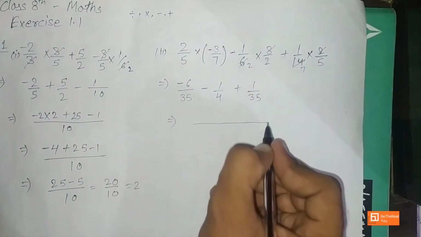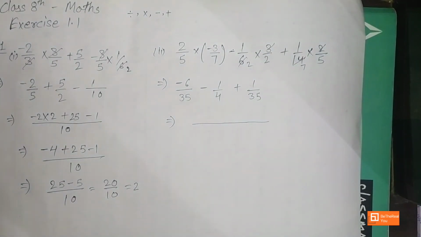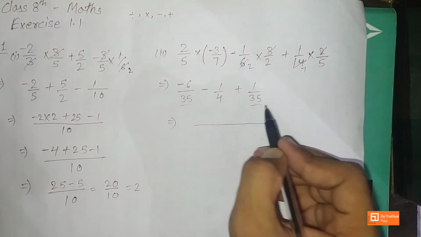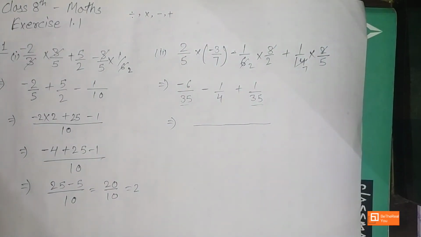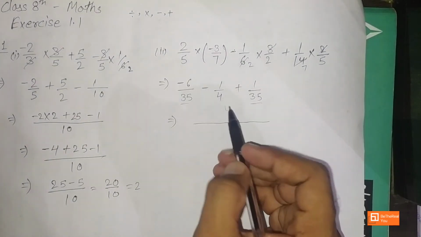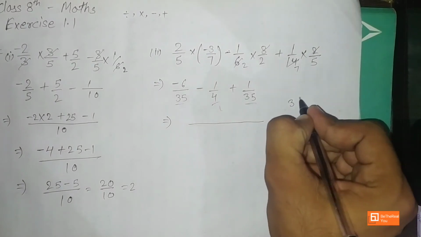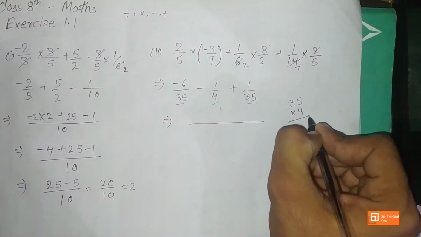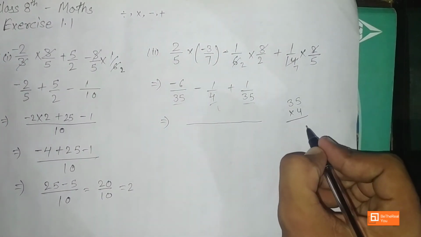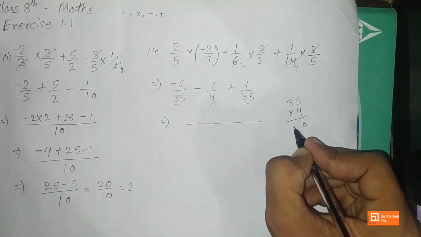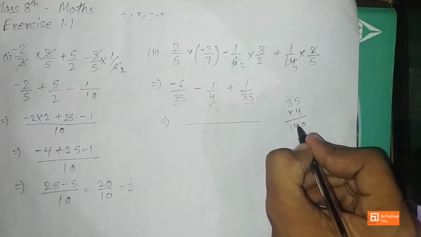So if we want to find out the LCM of 35, 4 and 35, both of these numbers 35 and 35 are the same, so we are just having a problem with this 4. So we can just multiply 35 with 4. 5 fours are 20, 3 fours are 12 and 14.